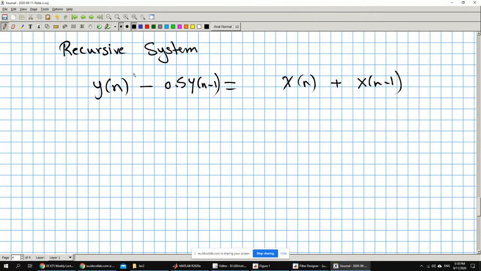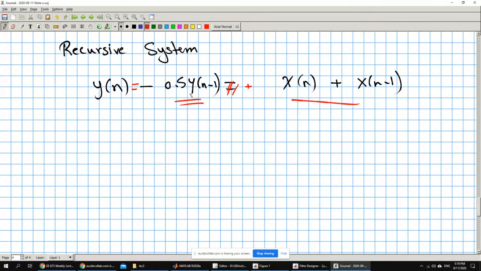So basically, you can just move that. If you put equal here, it will be like this. Y of n is not only a function of x of n, it's also a function of the past values of y. This is still a linear system, by the way.